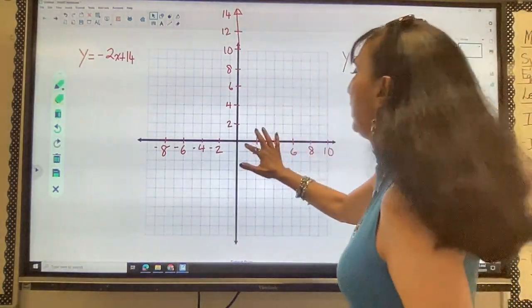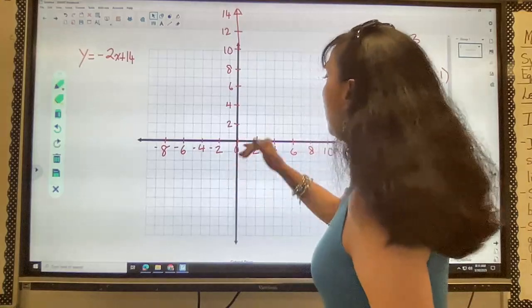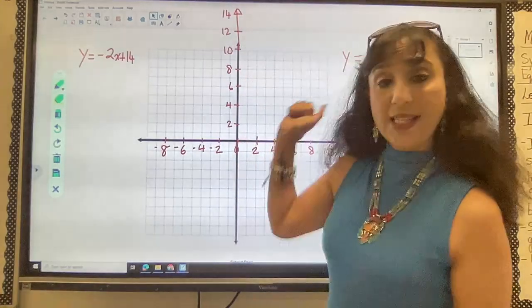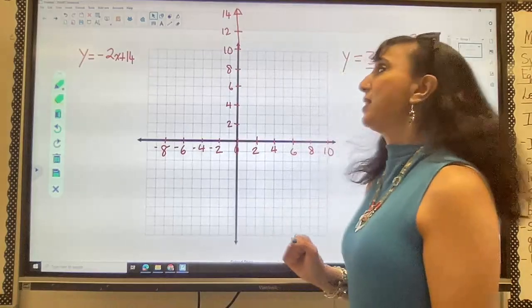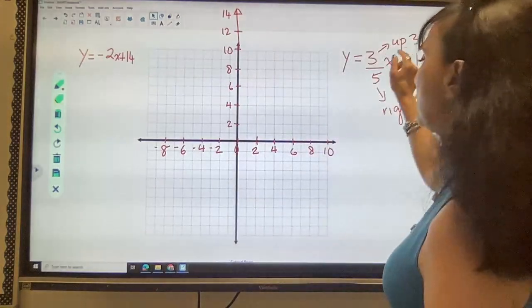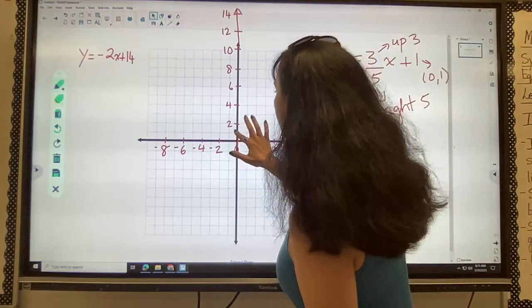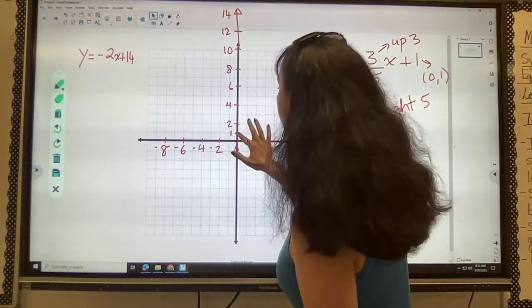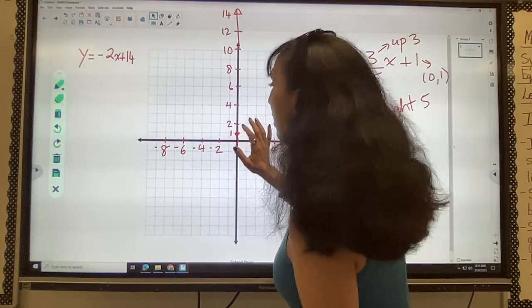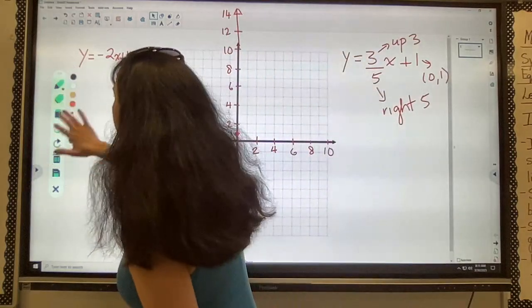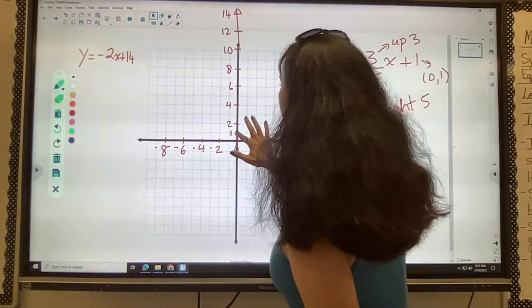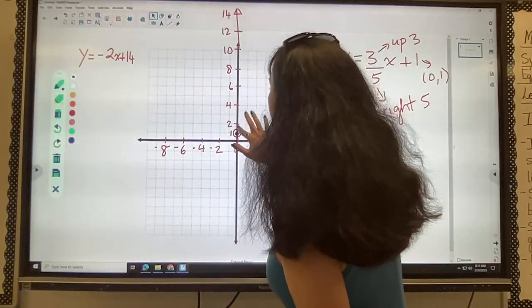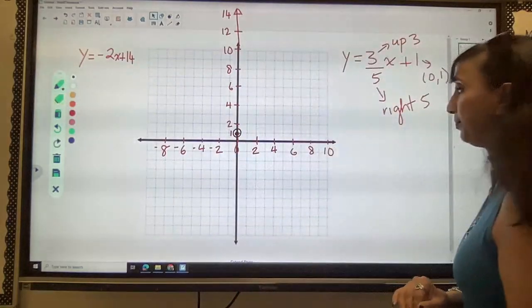I have done the intervals in 2, 4, 6, 8, 10, etc. Since my y-intercept is 1, this is going to be over here. Let me do this in a different color so you can see. This one here is my y-intercept.